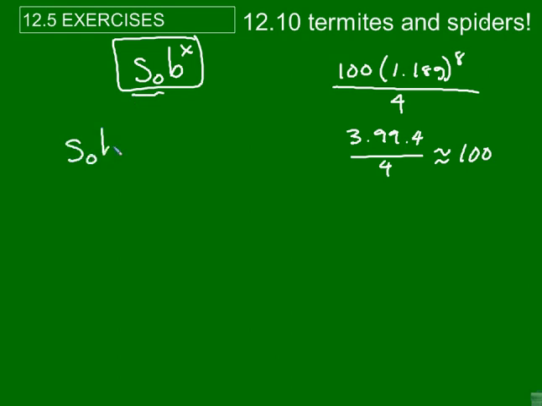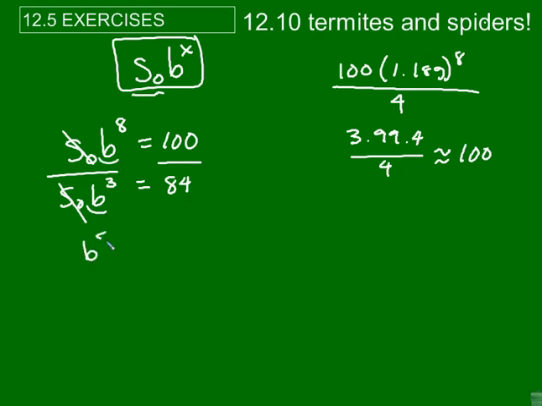So b to the 8 equals 100 divided by SO b to the 3 equals 84. Now divide off the SO, I can get the b value. And so b to the 8 minus 3 equals 100 over 84. B to the 5th equals 100 over 84.